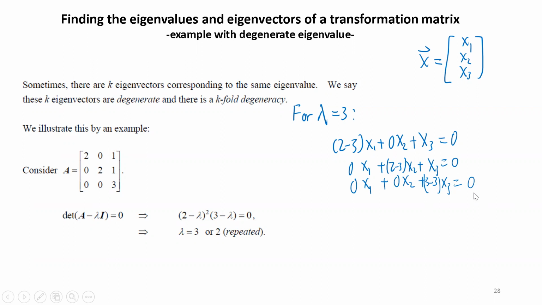Then you can see that I have 3 equations, but the third one does not give me anything. The third one just tells me that 0 equals 0.